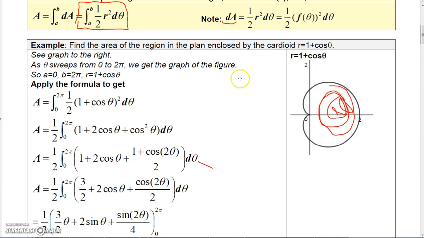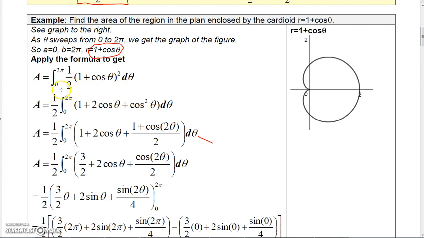Well, if you graph a cardioid, you know that as theta goes from 0 to 2 pi, it sweeps out the cardioid. So what we're going to do here is use that formula where f of theta is 1 plus cosine theta, and theta is going to sweep from 0 to 2 pi.